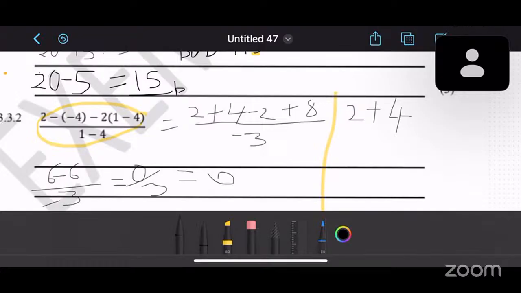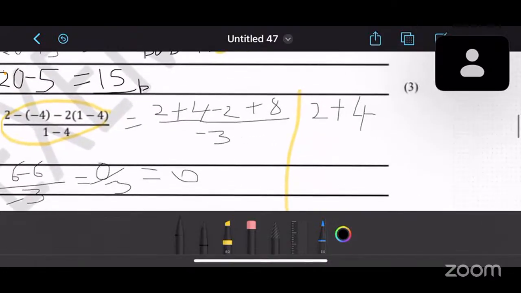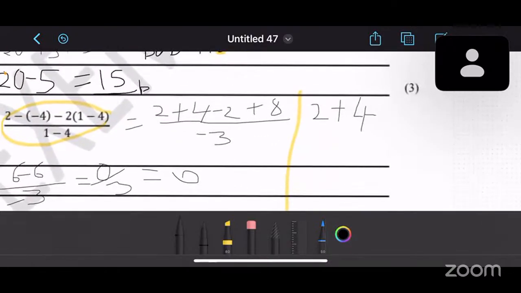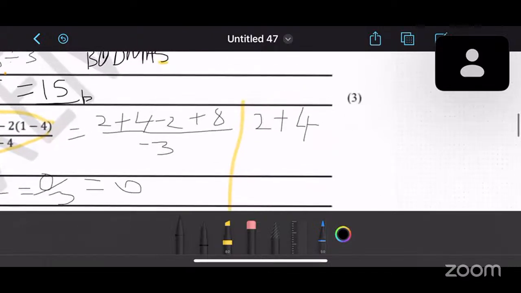I want to know how did you get that 6? So, ma'am, I said negative 2 bracket 1 minus 4. I wrote it on my calculator and it gave me positive 6. So it's 2 plus 4 minus 2, plus 6.